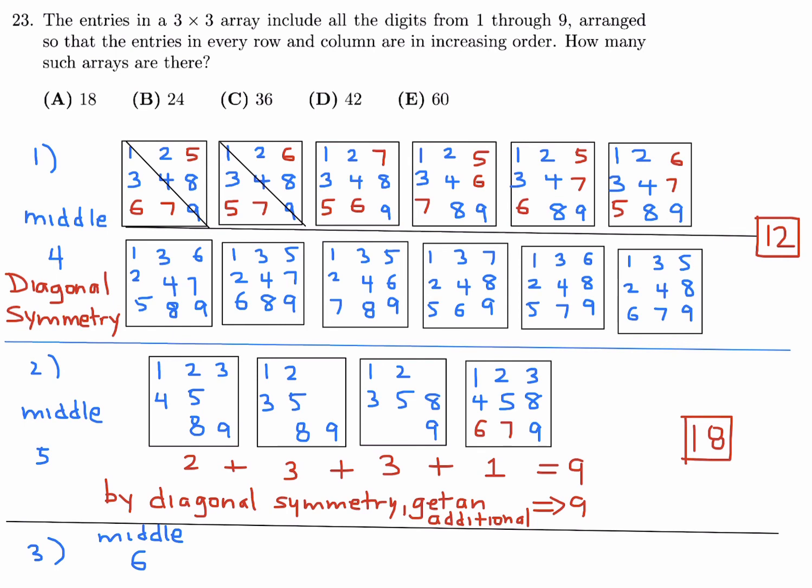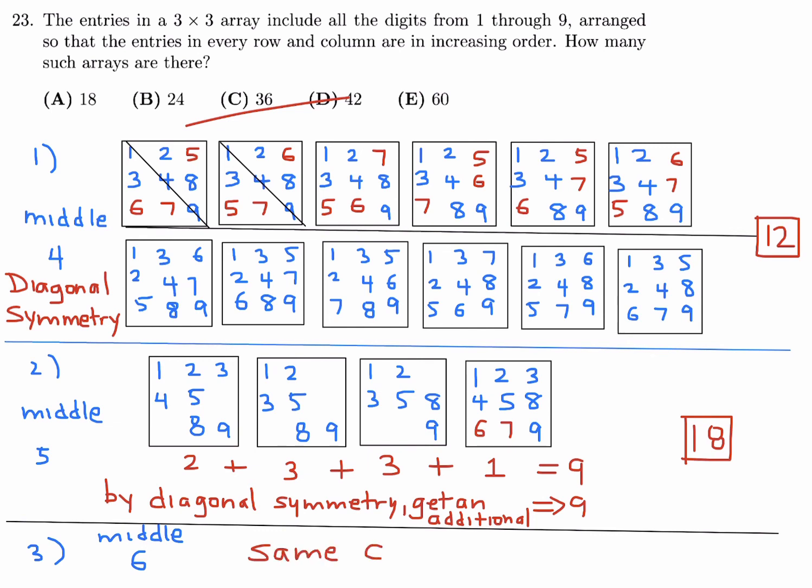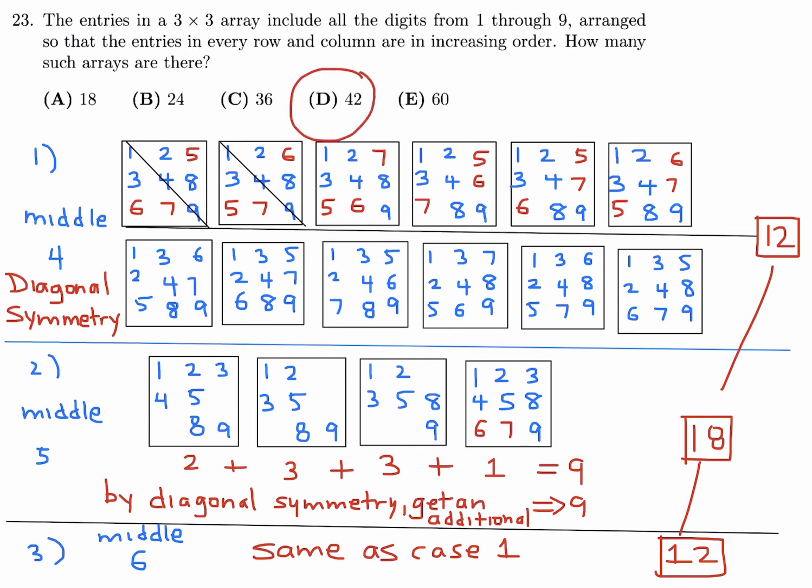And then when the middle is 6, the good news is that, and I'll let you figure this out, I don't want to go through all this all over again, this whole thing, is that it's pretty much the same as case number 1. These guys. Pretty much the same. And because it's the same, it produces 12. So there you go. These are the grand total, 12, 12, and 18, and that is 42. So the answer to number 23 is D.